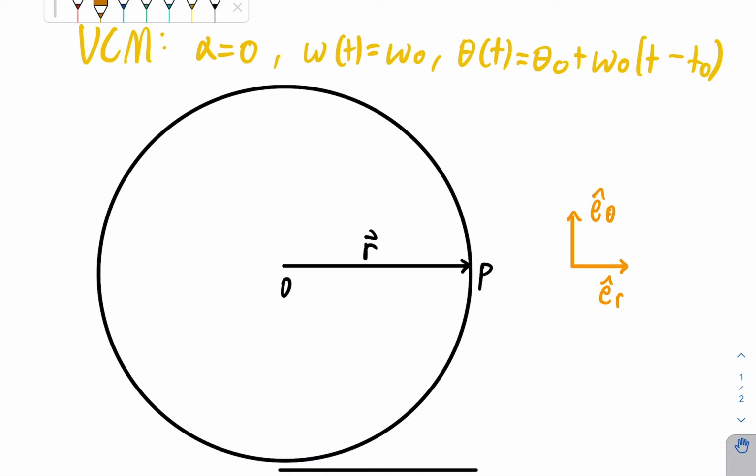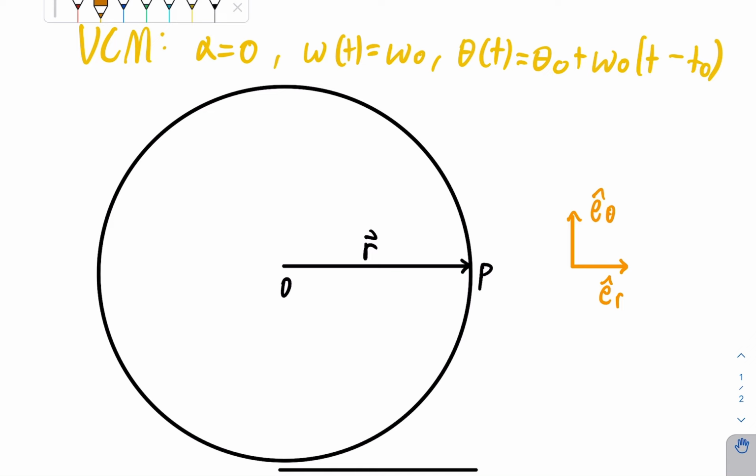basis vector, which will always point perpendicular to the radius and the basis vector in the direction of motion. So now we will need to write these basis vectors in terms of our other vectors.